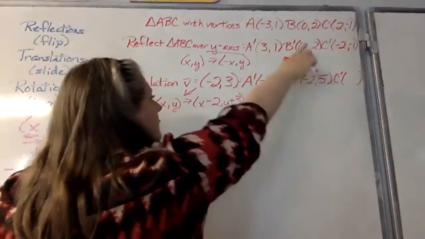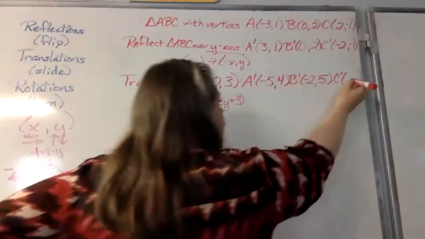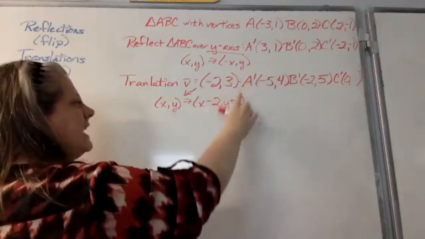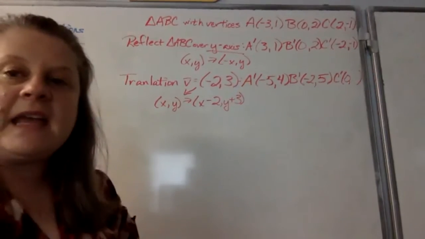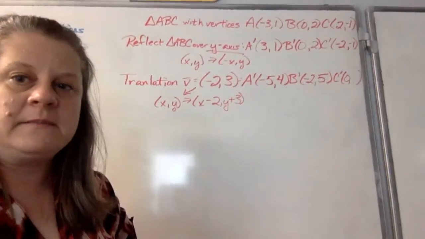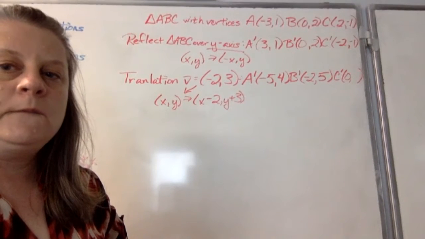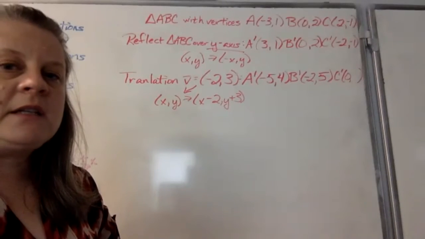Part C. My original C was 2. 2 minus 2 is 0. And then negative 1 plus 3. Now you have to be careful on this one because when you add a negative and a positive, what happens? You actually do what?